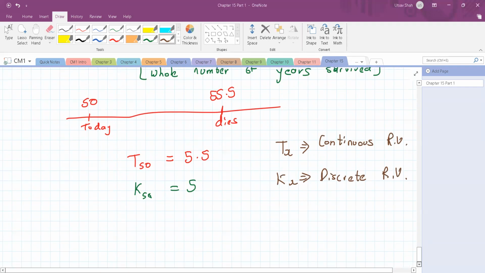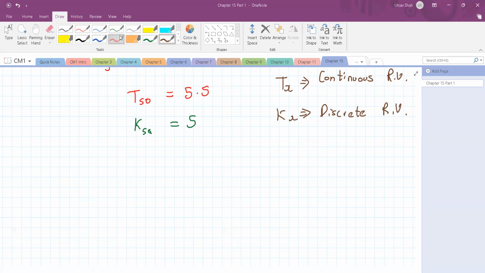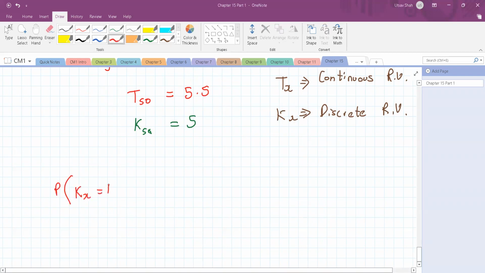All right. So now two formulas to understand here. What is the probability that this Kx is a certain constant k? Okay, let's take an example. What is the probability that a person aged 50 survives for 5 years? This simply means that he survives for 5 complete years.